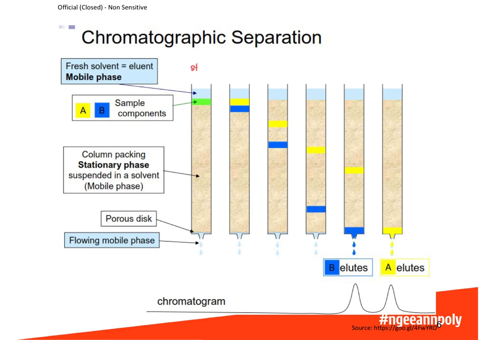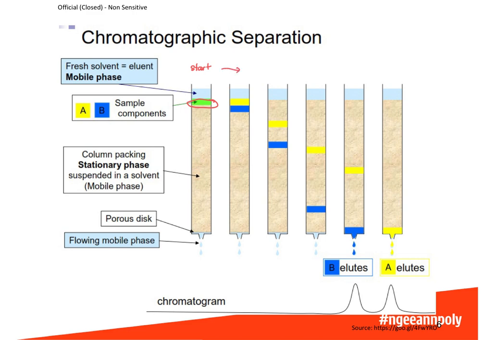At the start, we have a column that is packed with the stationary phase. The sample is loaded at the top of the column. The mobile phase would be organic solvent, so fresh solvent would be added from the top, and the solvent is also allowed to flow through the column and come out of the column at the bottom. As the mobile phase travels across the column, it also brings the sample components with it, but you can see that the different sample components can move at different rates.